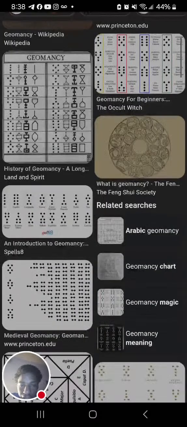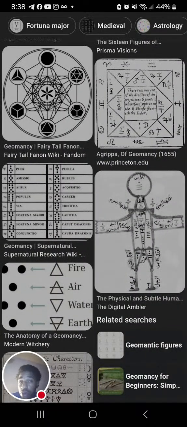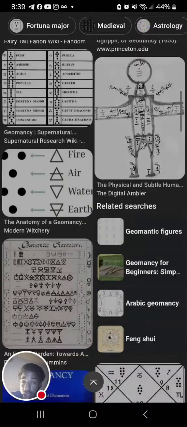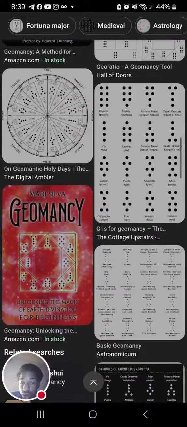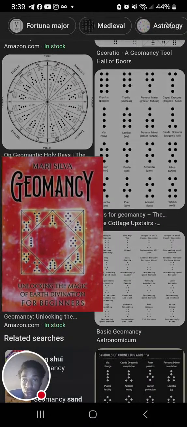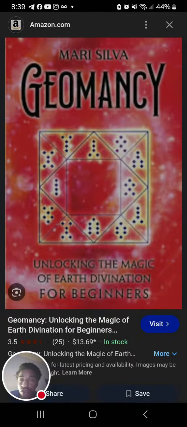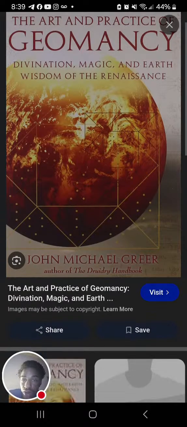So geomancy, when you look it up, I'm not an indulger of this. I don't believe in this. I don't use it or anything like that. But that's what the Nazca lines are similar to as well, as far as geometry. That's why they both have geo in them. So when you look at geomancy, that looks very much similar to what you saw with the Nazca sun star. What you see here is the earth. And you see that right there looks just like the Nazca sun star.